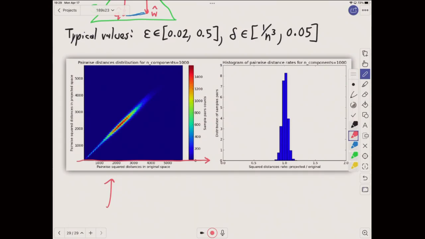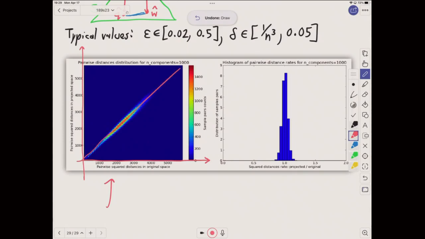And the vertical axis is the squared distance between the 2 points after we project them down onto a random subspace. So the answer we would ideally love to see is that the whole plot would be a diagonal line, that virtually all of the points would fall exactly on the diagonal going right up the middle.